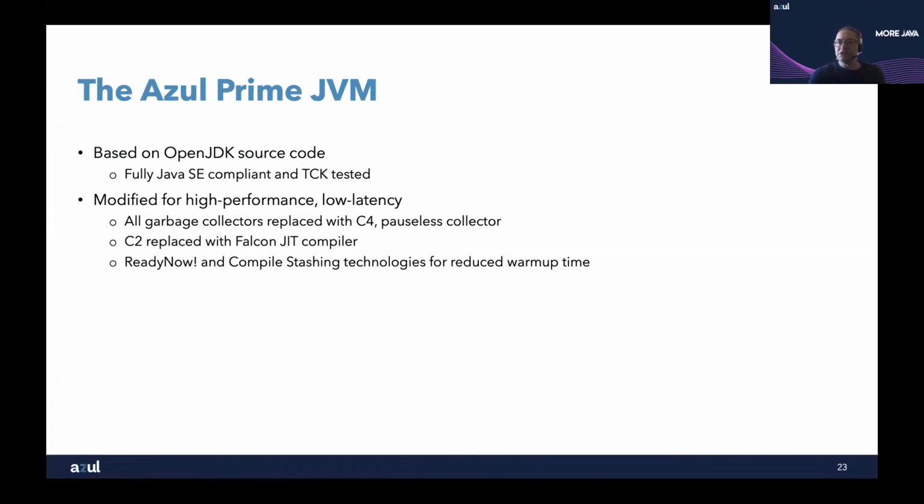First thing we did was decide we don't want to start from scratch. We don't want to write a whole new JVM. That just doesn't make any sense. There's lots of bits of the JVM in terms of HotSpot and OpenJDK that work very, very well. So we start with that as our base, and then we replace certain pieces of functionality, pieces of code in HotSpot with things that we've developed.